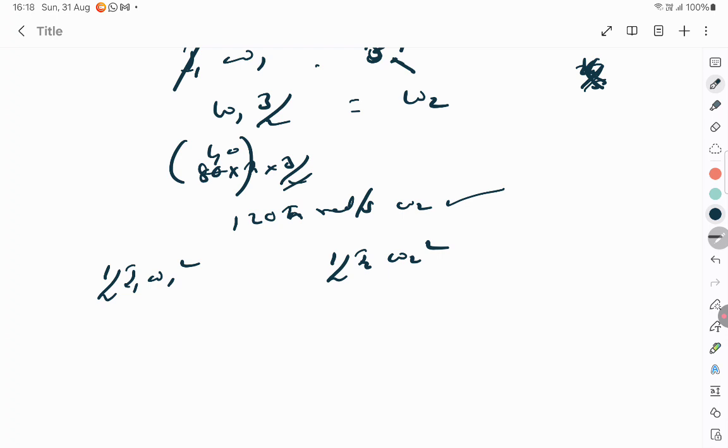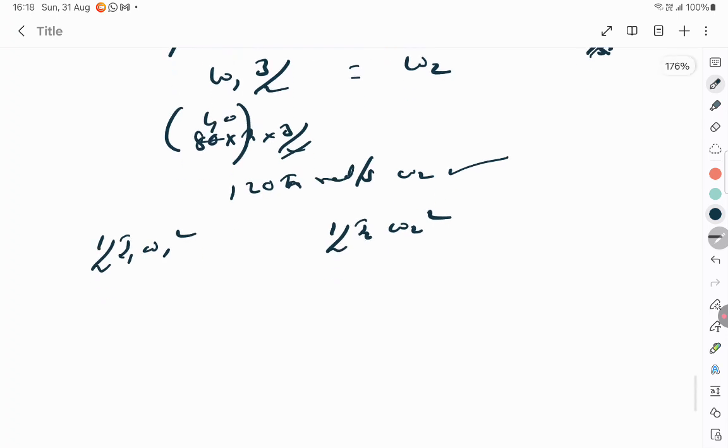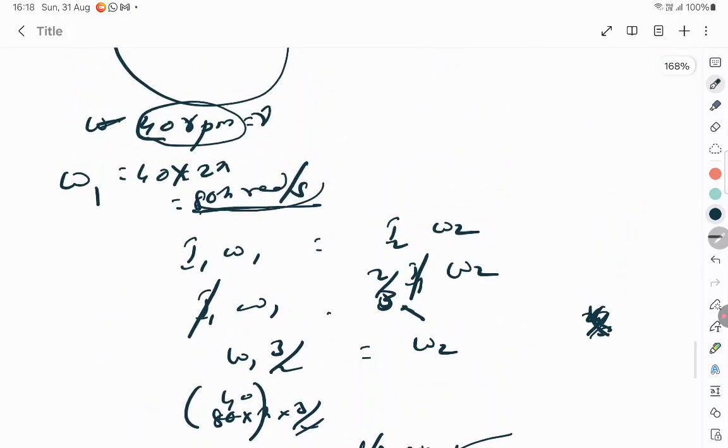So the final is half into 2/3 of I1 into omega 2 square, and you know that omega 2 is 120 pi. You can substitute it here, and this one is 80 pi.